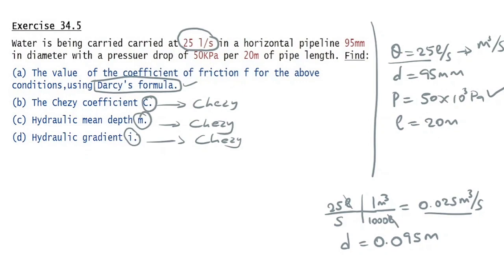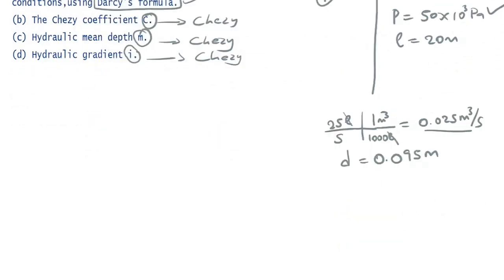Let's see now how to find the coefficient of the friction, which is represented by a letter F. We'll use Chezy's formula. Chezy's formula is H subscript F is equal to the coefficient of the friction that we are looking for times the length times the flow rate squared, all divided by 3.026 times diameter to the power 5.